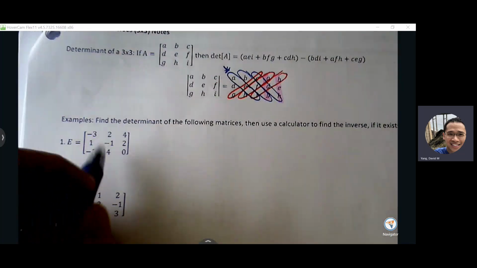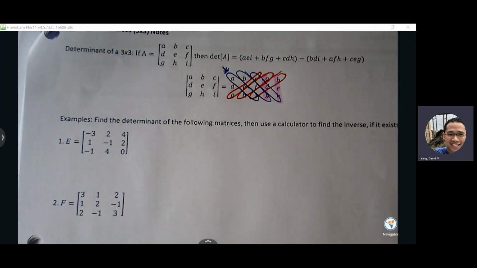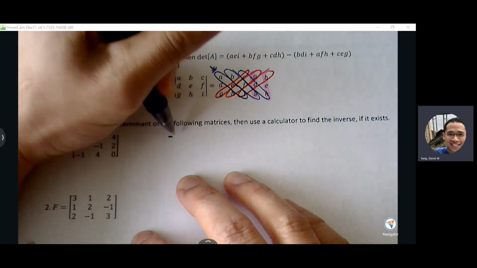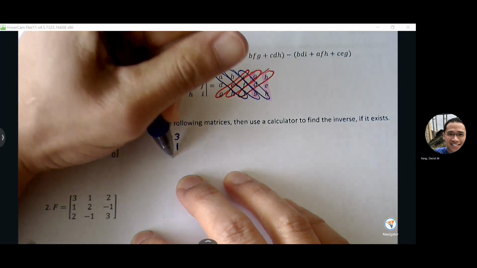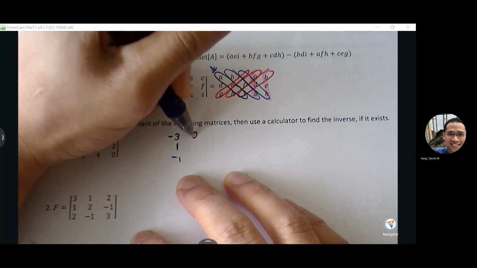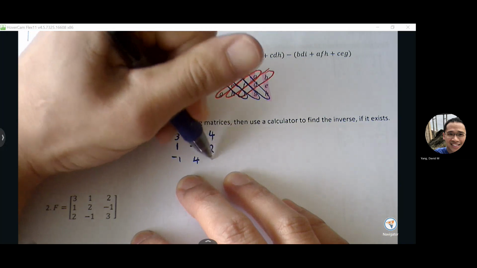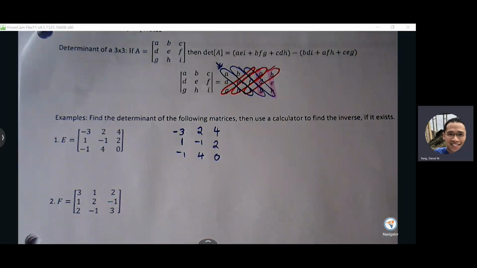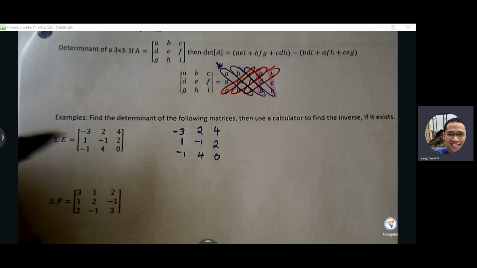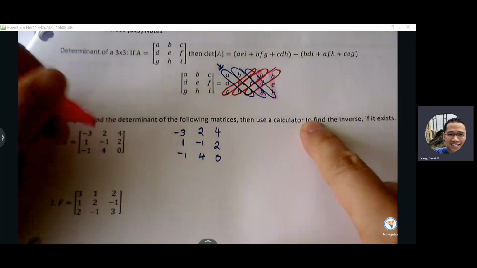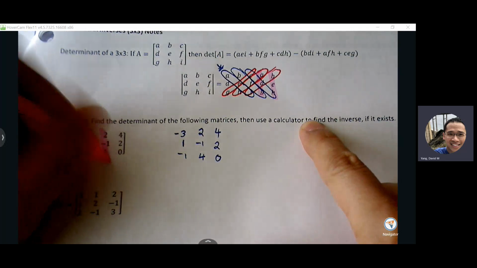Just to give myself more space, I'm going to copy those 3 again, just to make it easier for me to draw my diagonals. So this is the original 3x3 matrix. I'm going to take my first 2 columns and recopy those and create them as the fourth and fifth column.